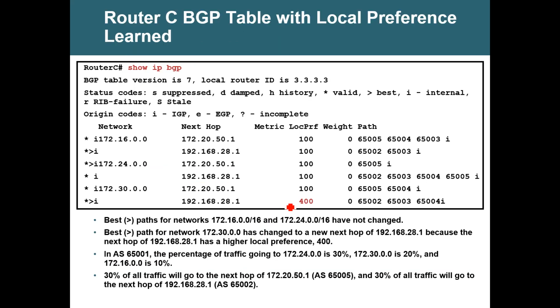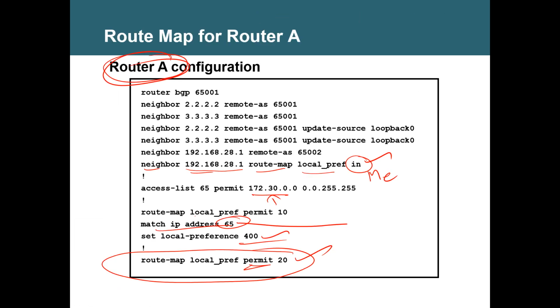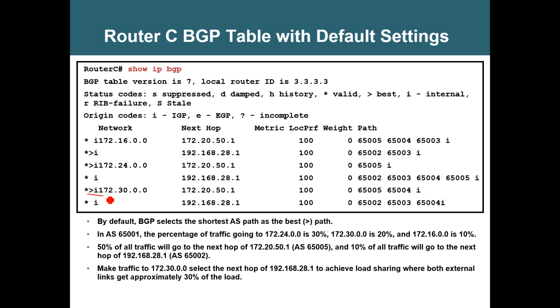As a result, look at this. Only for that network. Earlier it was here, now it is shifted here. Let me show you. Before configuring, it was here, pointing towards Orido.